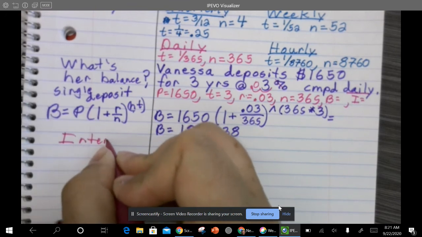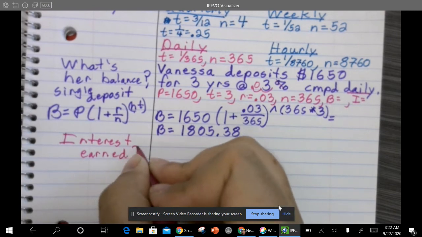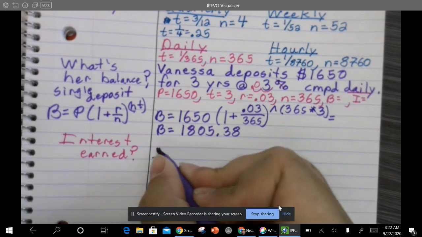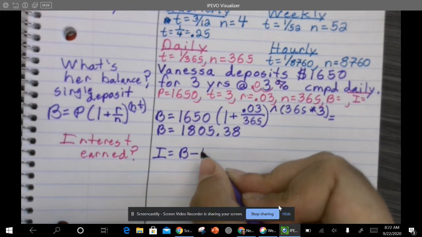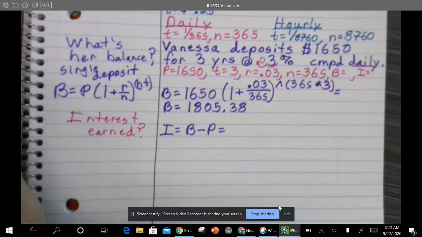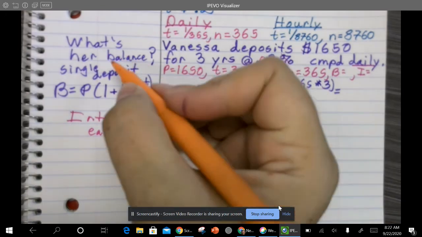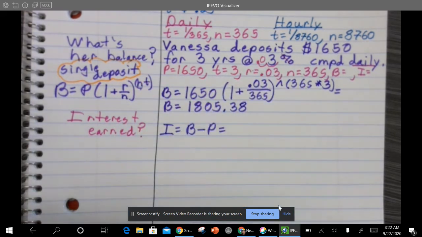Okay, we want to know how much interest is earned. So how much interest did Vanessa earn in the 3 years on the $1,650? So remember, everybody, interest is equal to the balance minus the principal, for a single deposit. Okay, so go ahead and figure that out.